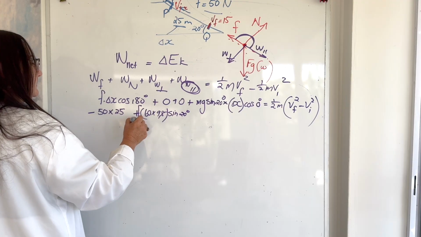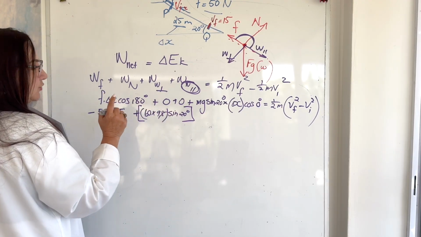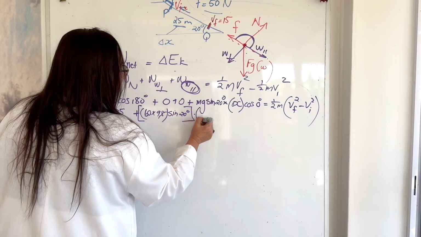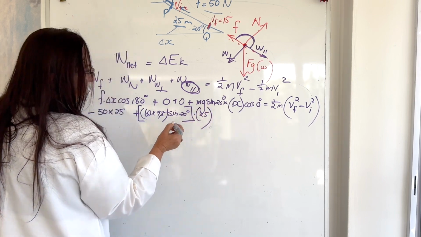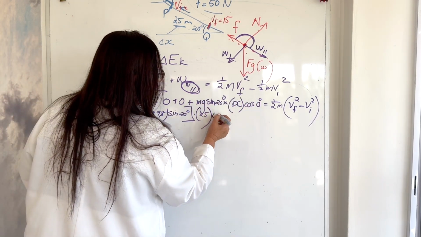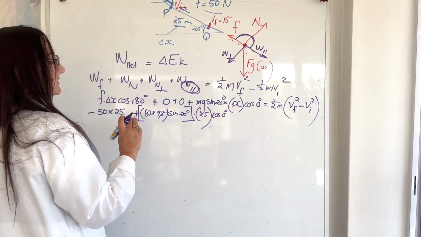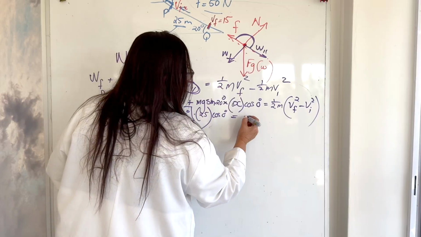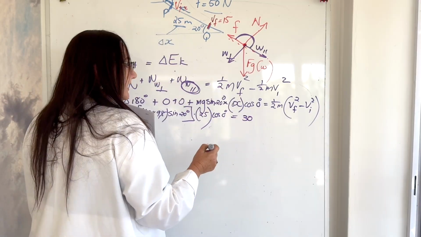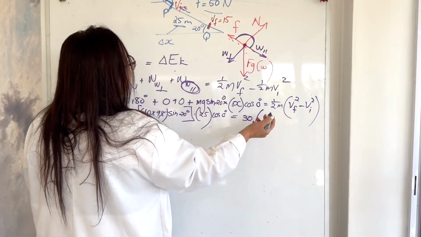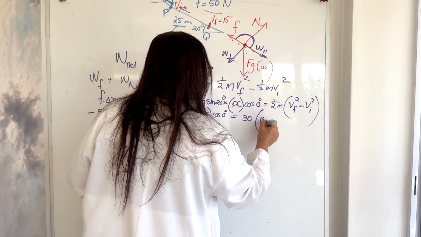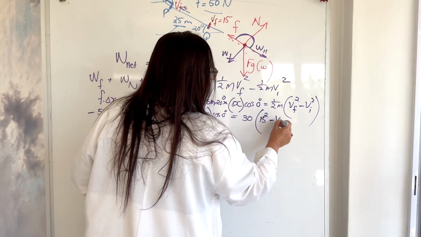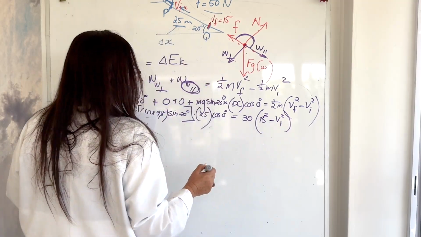Okay, so that is only my force times 25 meters, and cos 0 degrees is 1, equals half the mass, which is 30 kilograms, and my V final square is 15 square, minus the initial square, which is my unknown.